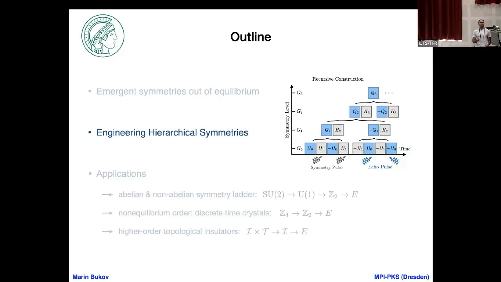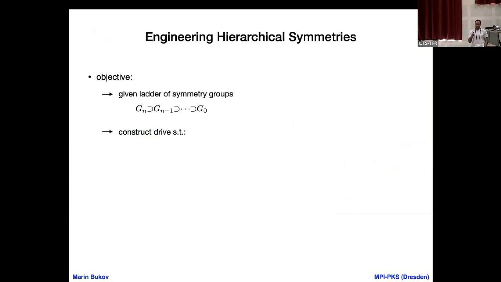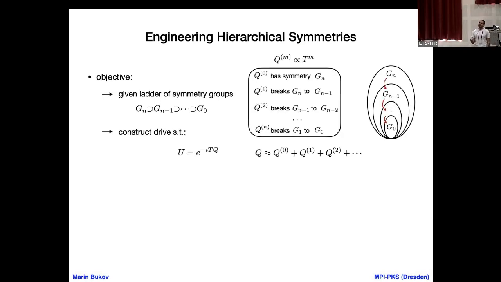The idea is that I'm going to provide a constructive sequence, a protocol that would allow us to engineer a series of symmetries. Here's the objective. I'm going to consider a ladder of symmetry groups: there's a group Gn, and then there's a smaller group Gn-1, etc. I want to construct a drive such that the leading order effective Hamiltonian Q0 obeys the symmetry Gn.